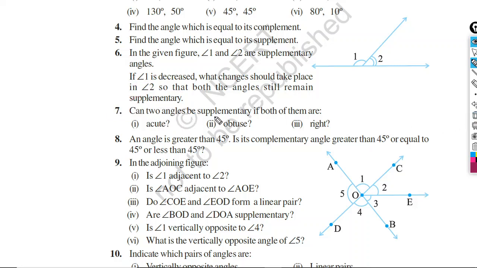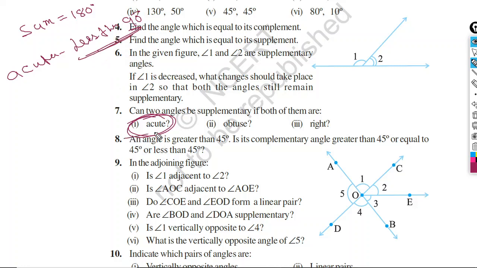Can two angles be supplementary if both of them are acute? First of all, supplementary means the sum of two angles is equal to 180 degrees. Now both the angles are acute. What do you mean by acute? Acute means less than 90 degrees.